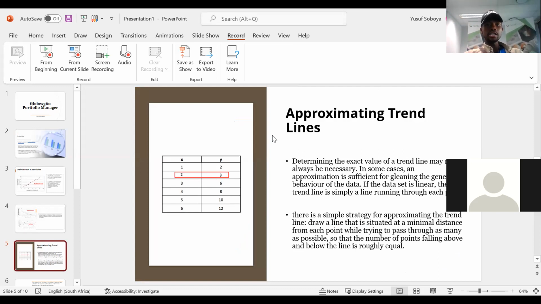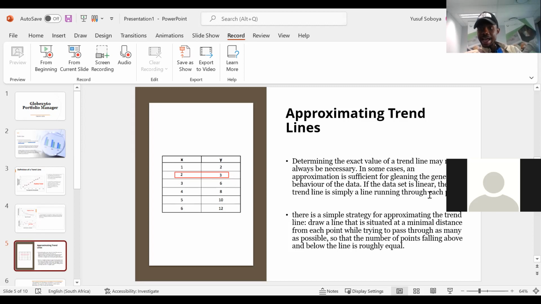So if you look at X and Y, it's 1, 2, then 2, 3, 3 changes again, then 3, 6, 6 changes again, then 4 to 8, 5 to 10, 6 to 12. So it is sufficient for gauging the general behavior of the data.